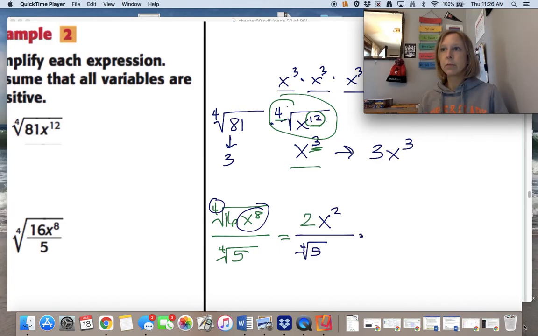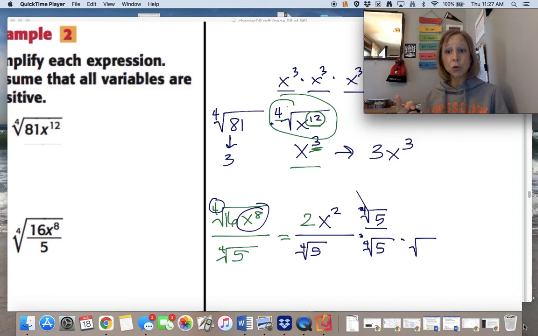So in order to simplify it further, I need to multiply this top and bottom by the fourth root of 5. Now when we were working with square roots, we multiplied it just once because we had a square root and we needed 2 of them for it to cancel. Right now I have a fourth root. I need to have 4 fourth roots of 5 in order for it to cancel.